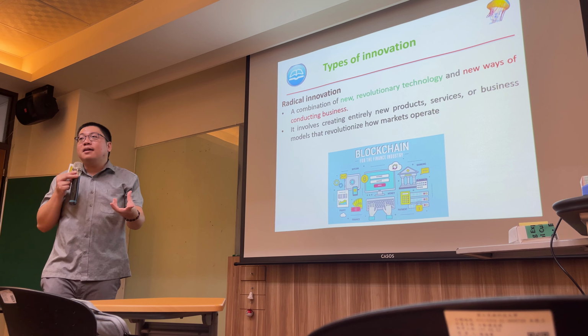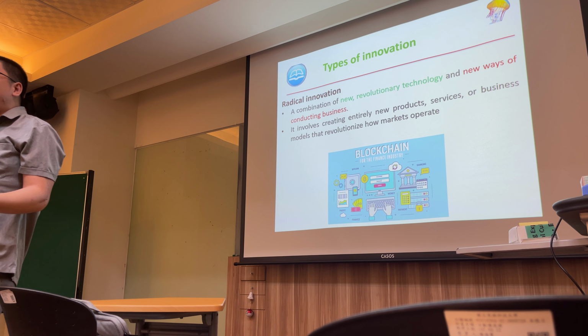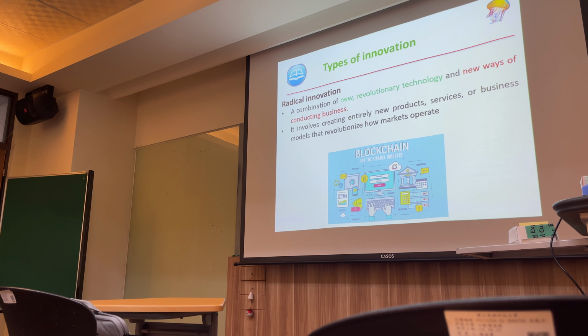So that's why we have the concept of fintech. Have you ever heard about fintech? Financial technology, fintech. And we have one department in our university that teaches about blockchain and fintech. So blockchain is a new technology and it has changed the financial industry.